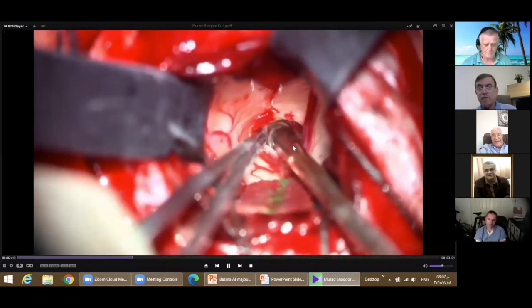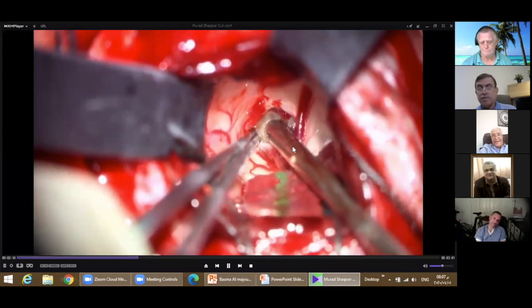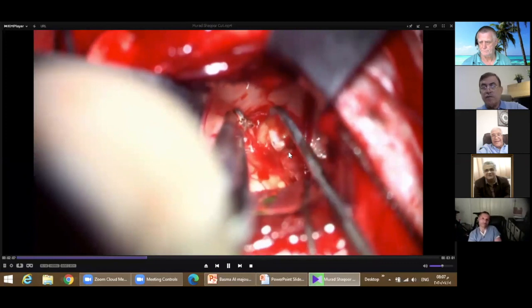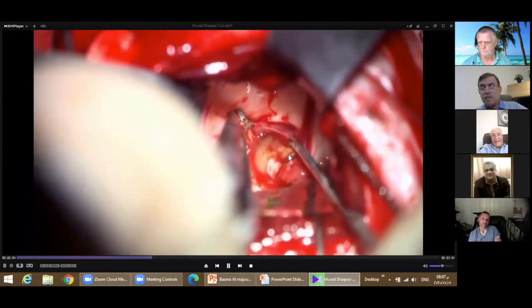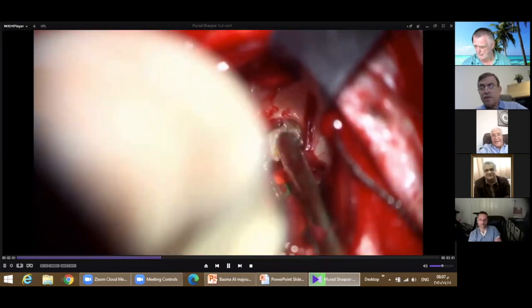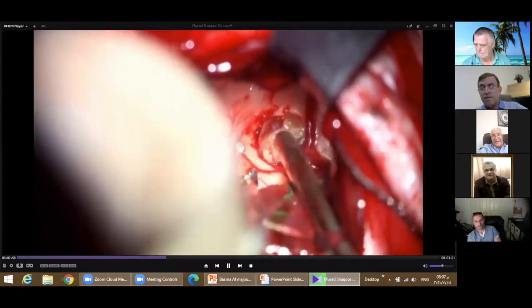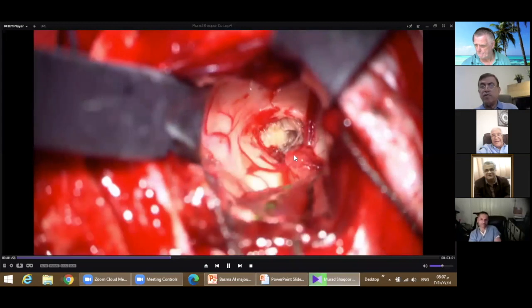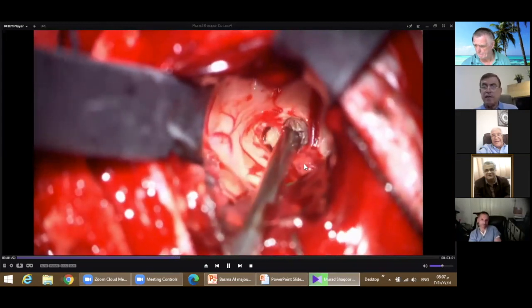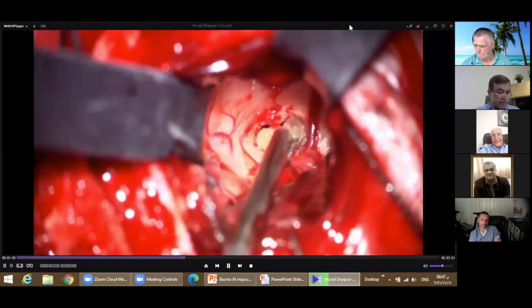I'm trying to pull it out, it's not coming out. So try all kinds of dissection, but you have to remove it. Here I'm going inside the cyst, trying to take this very viscid, firm kind of contents. Again, here I'm showing you different kinds of contents of the cyst. Okay, I think that's enough just to show you this piece of information.